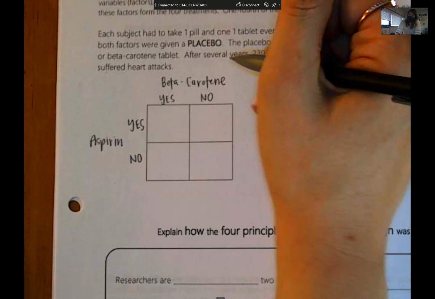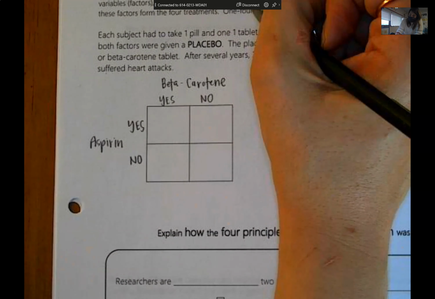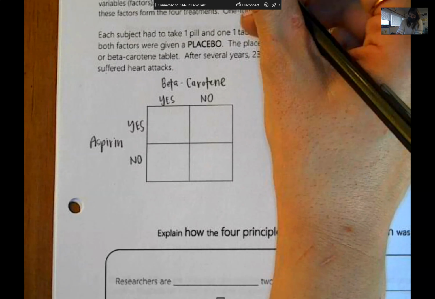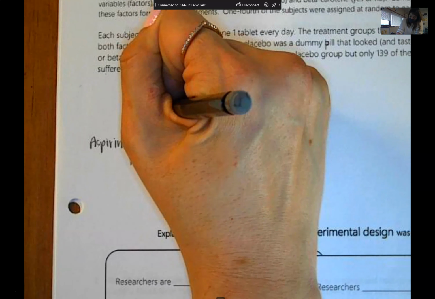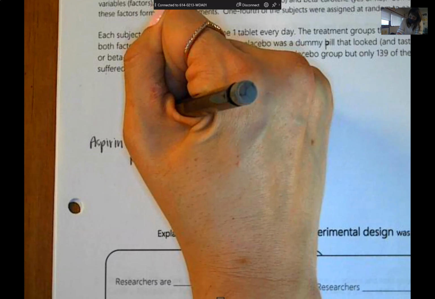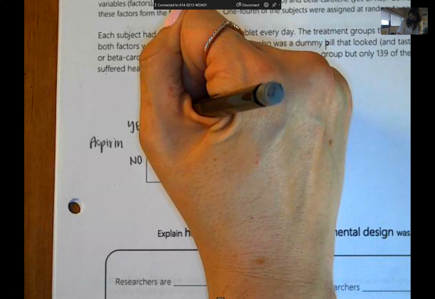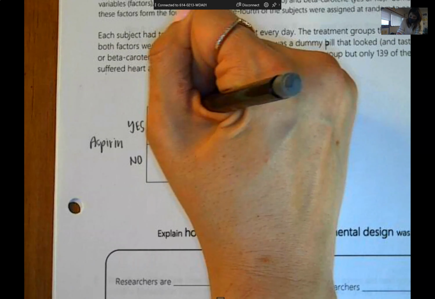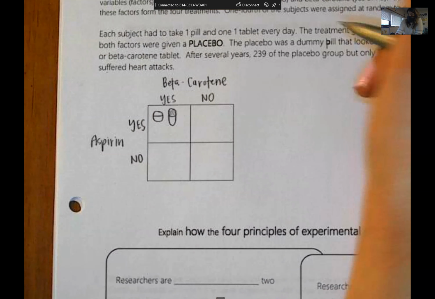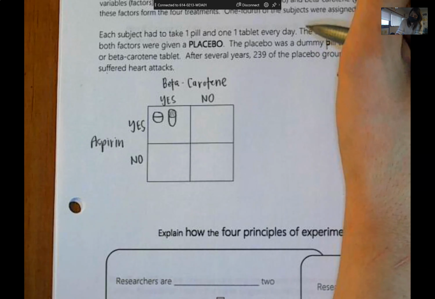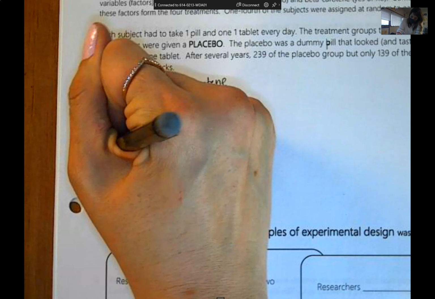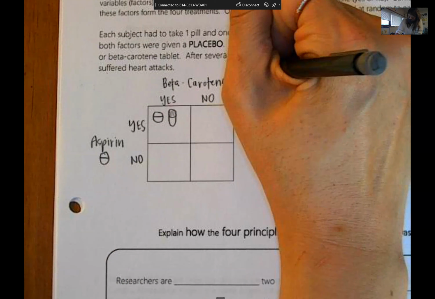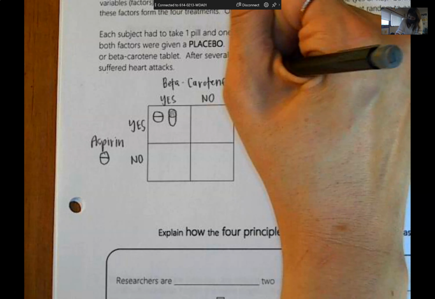So I'm going to draw the pills to describe what happened. So in the yes box, you have 1 tablet and 1 pill, and I'm just drawing them differently so that I can tell the difference. So the circle for me is the aspirin, and the oval is the beta carotene.